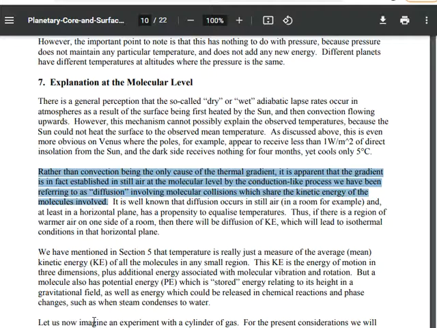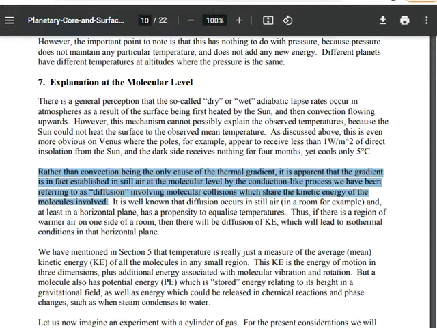Okay, so he says, rather than convection being the only cause of the thermal gradient, it is apparent that the gradient is in fact established in still air at the molecular level by the conduction-like process we have been referring to as diffusion, involving molecular collisions which share the kinetic energy of the molecules involved. Diffusion.